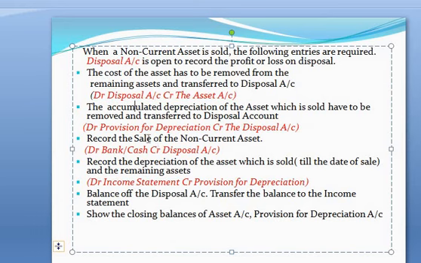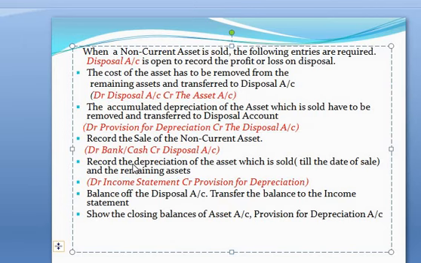Now remember, the provision for depreciation has a balance brought down on the credit side, because you normally credit provision for depreciation and you debit income statement when you're recording depreciation. So to cancel the depreciation, you debit provision for depreciation and of course you credit disposal.